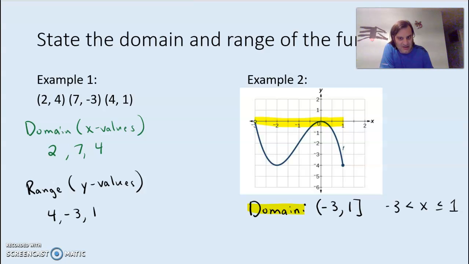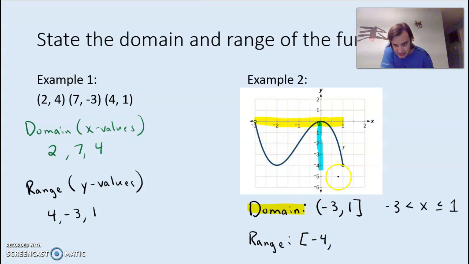So we can use interval notation or inequality notation. Then we can talk about the range, which we just said are the y values used. And the y values run this way as far as what is used, up and down. So the smallest y value is down here at -4, and that is included.